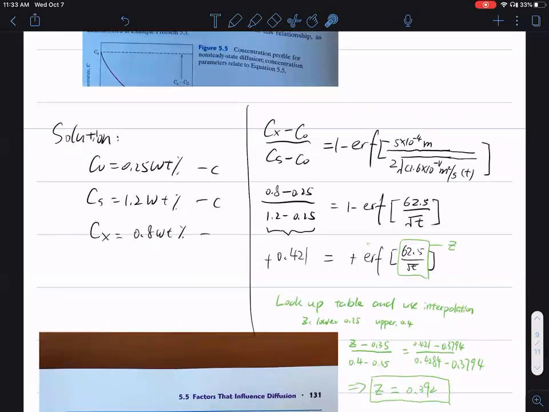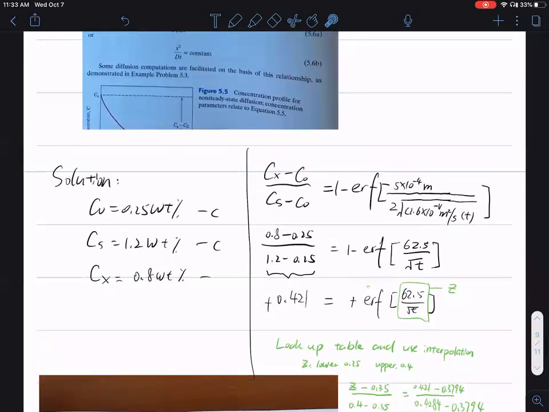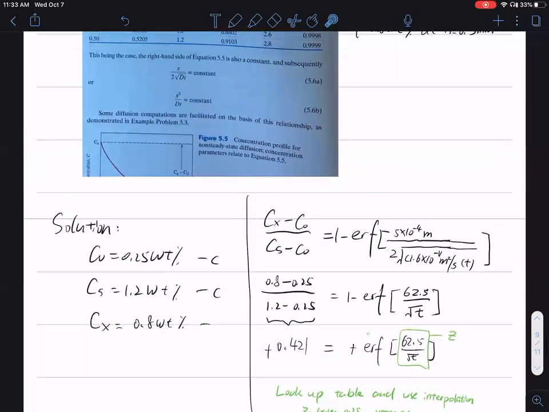Okay, let's do a practice. I think some of you may have questions on interpolation.